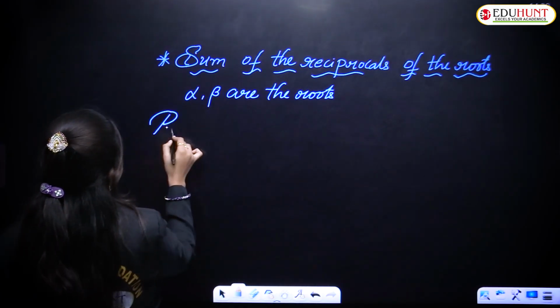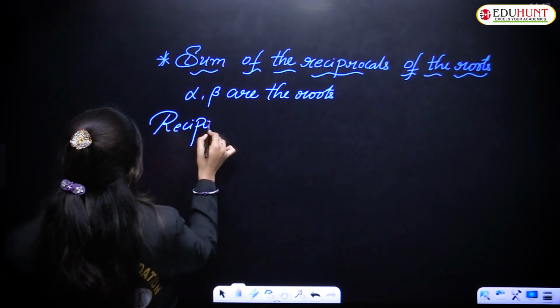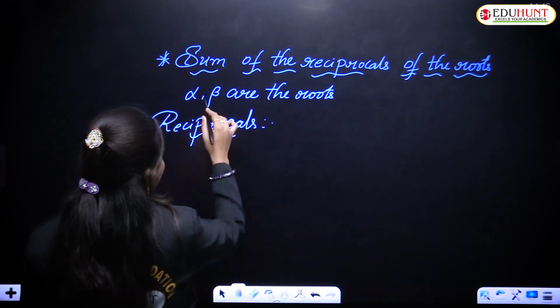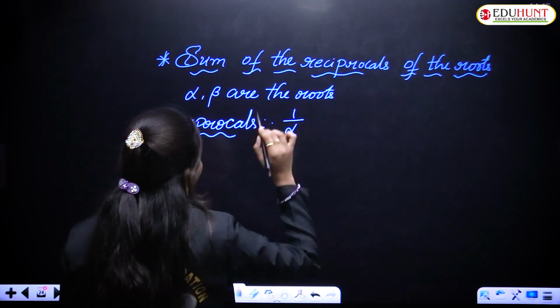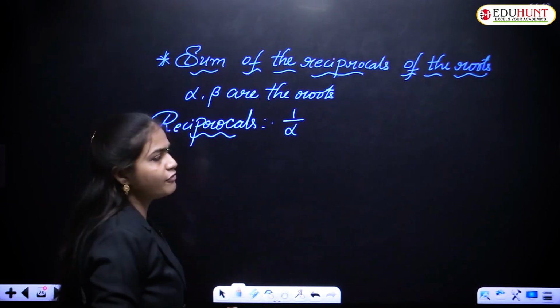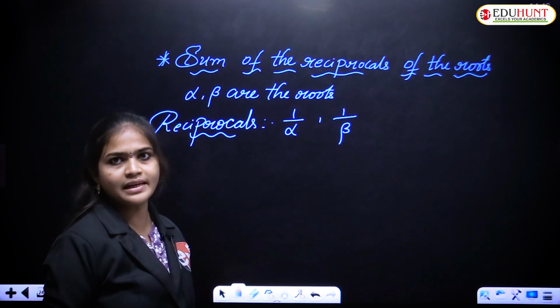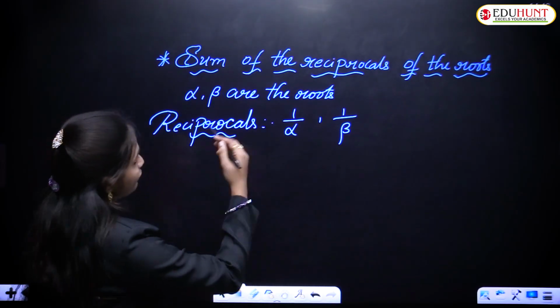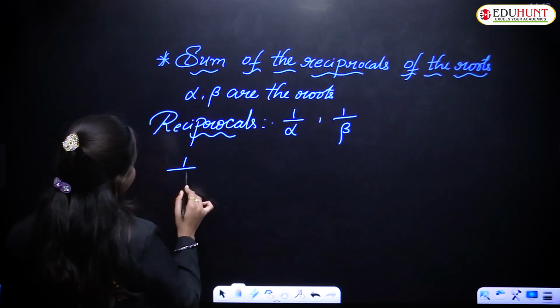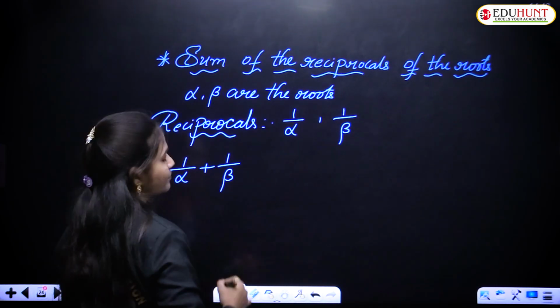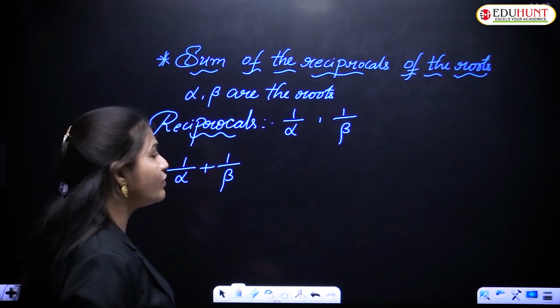So reciprocals of alpha and beta. 1 by alpha is the reciprocal of alpha. 1 by beta is the reciprocal of beta. Okay. So here sum of the reciprocals. So sum of the reciprocals means 1 by alpha plus 1 by beta.